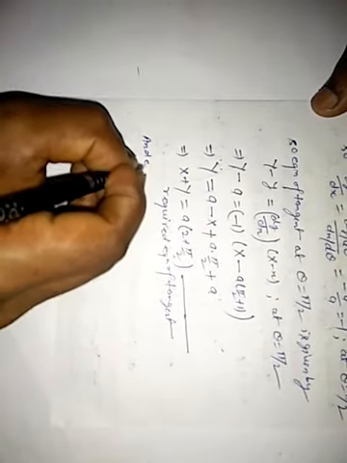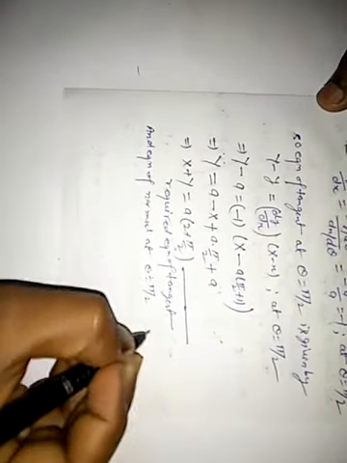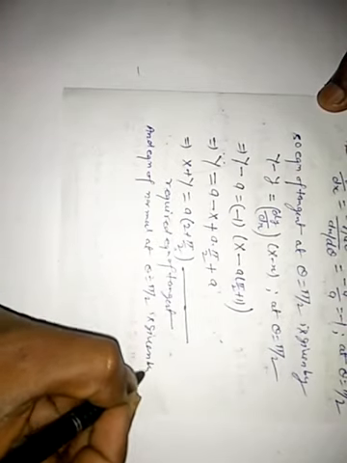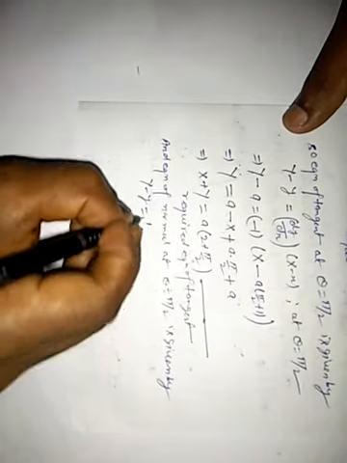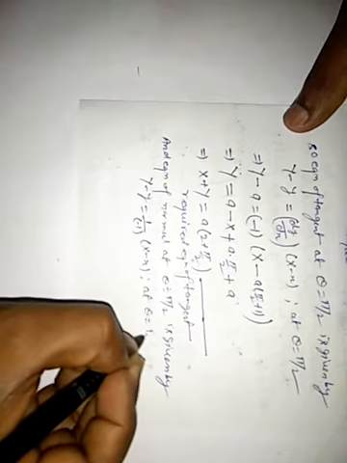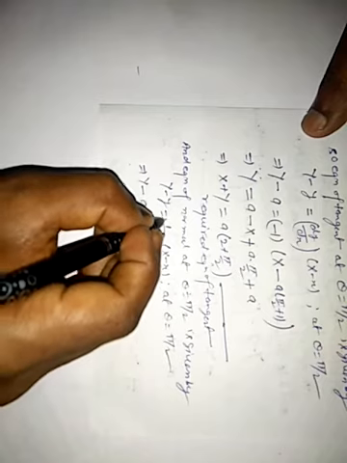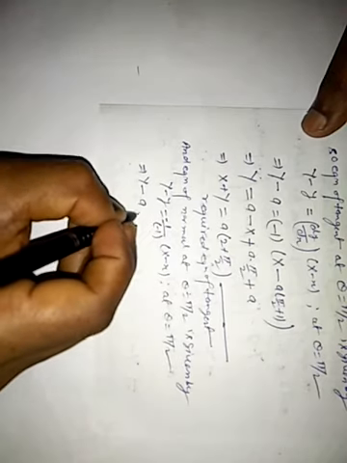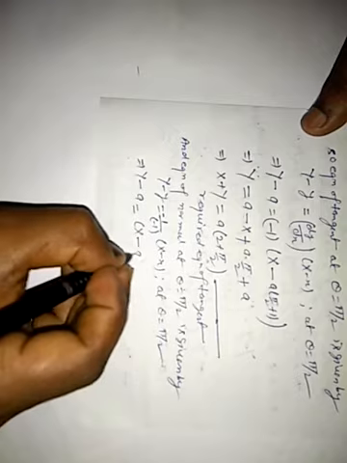And the equation of normal at theta equal to pi by 2 is given by y minus y1 is equal to minus 1 upon dy by dx times x minus x1, which implies y minus 0 is equal to 1 times x minus a times pi by 2 plus 1.